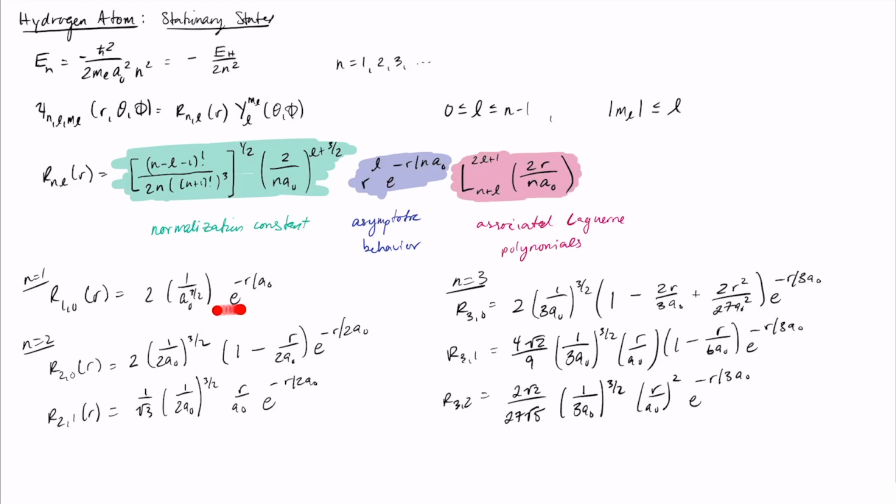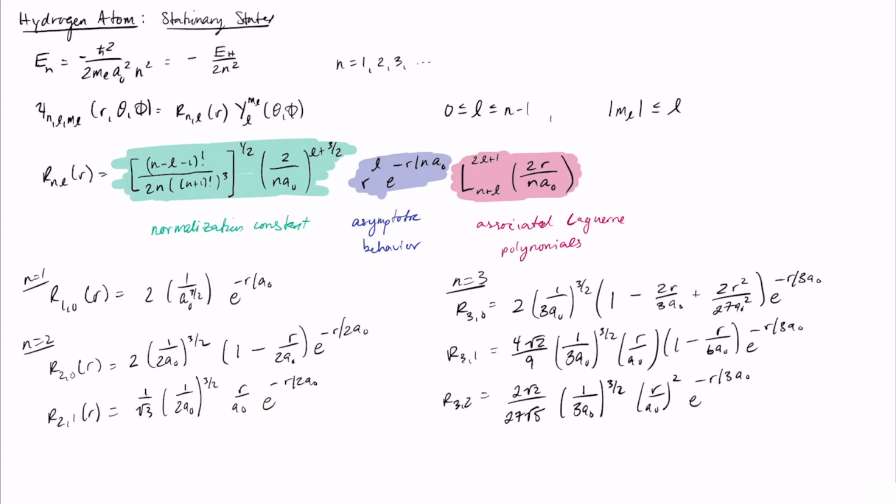The Laguerre polynomial for the n equals 1 solution is basically trivial. It's just 1, so it has really nothing going on. For n equals 2 and l equals 0, it has order 1, goes up to a power of 1. For n equals 2 and l equals 1, again, it's kind of trivial. So this r comes from the asymptotic part, and then you just have the 1 again.